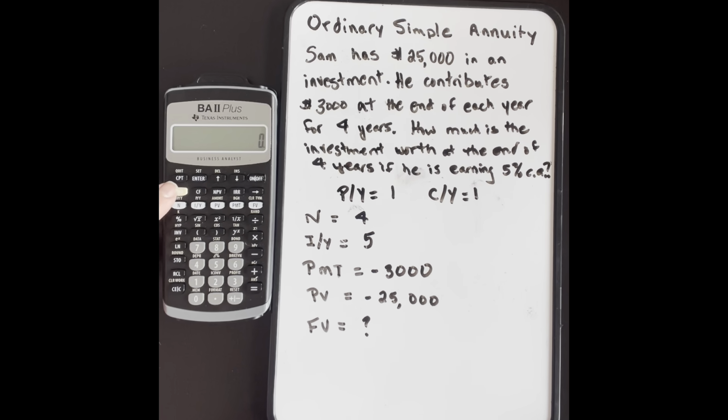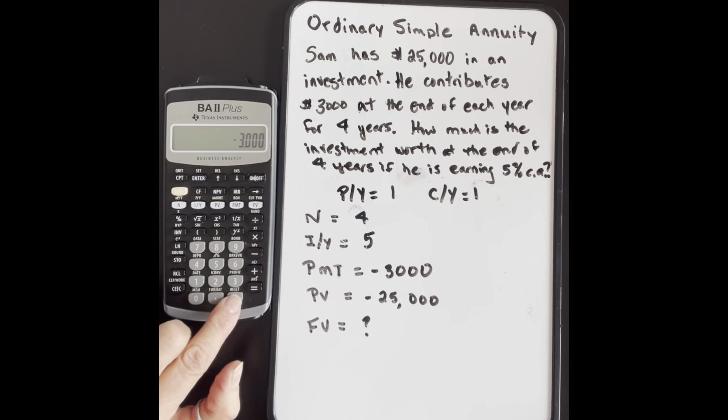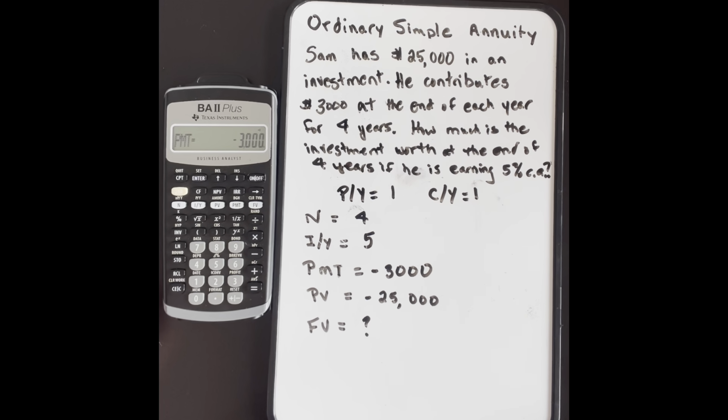Let's start with payments per year is 1. Compound periods per year is also 1, so we can quit and enter our values. N is 4. Interest rate is 5, I per Y. Payment is negative 3,000, so change sign. That's our payment amount.